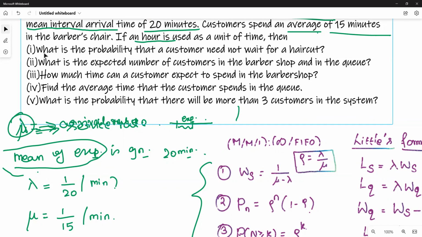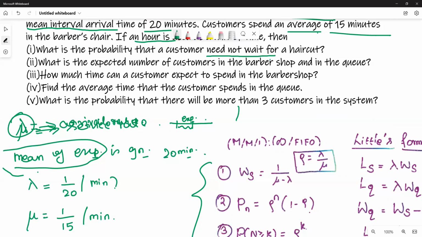Okay. Then, what are all the things being asked? What is the probability that a customer need not wait for a haircut? That means when the customer arrives, if nobody is there in the barber shop, nobody is there in the service, then the customer need not wait.